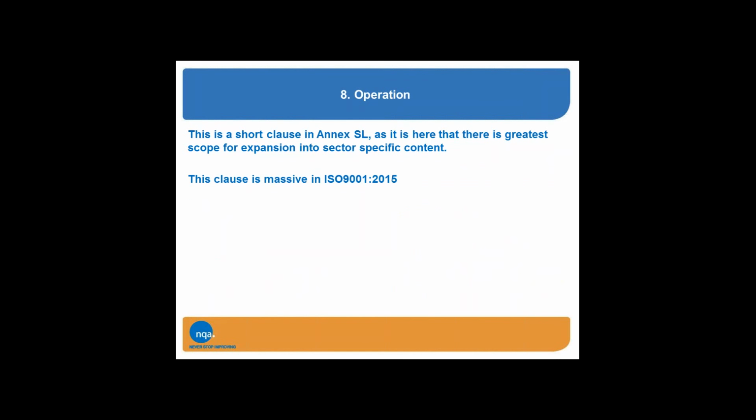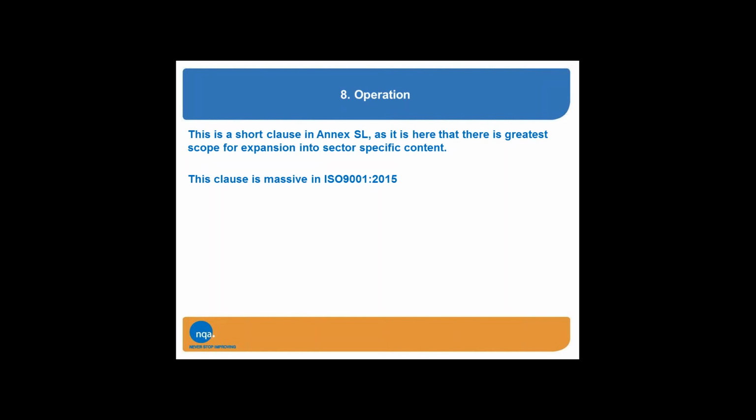Then we have clause 8, operation. Now, this is the core activities. What does your organization actually exist to do? The things that make the money, if you like, are going to be covered in this clause 8, the operations, the core processes. It's a very short clause in Annex SL because this is where each management system standard has the greatest scope for determining its own specific requirements.